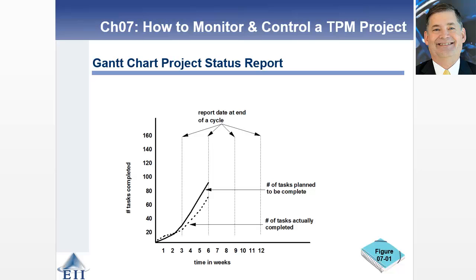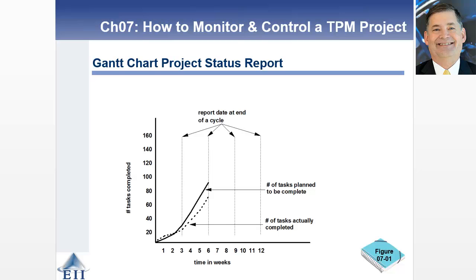This Gantt chart, project status, is probably the most convenient, most frequently used, easiest to grasp report, where you're tracking the task plan to be completed, the actual task completed, and doing that over time. So you will see this over and over again.